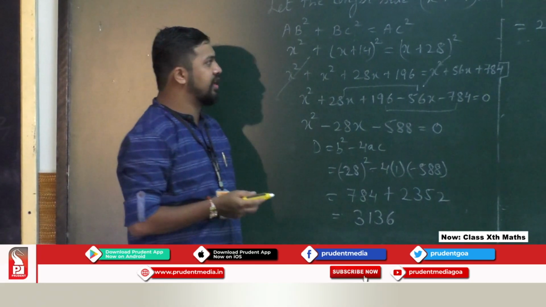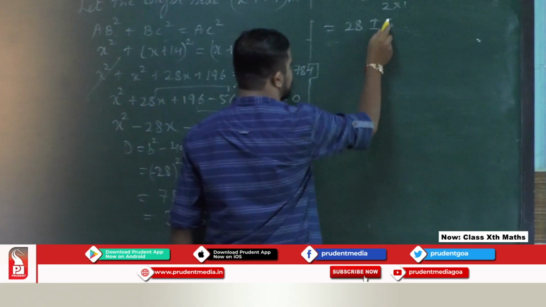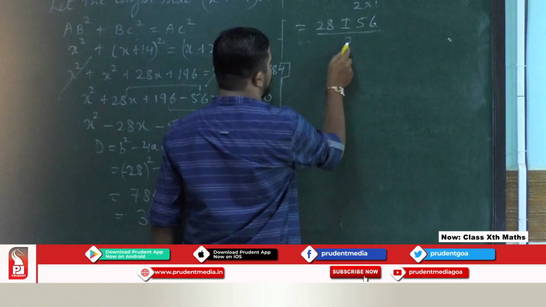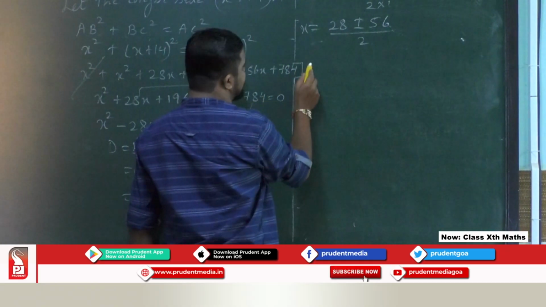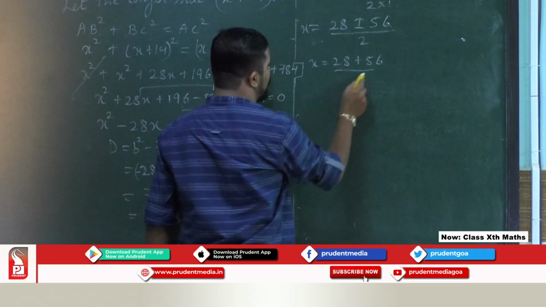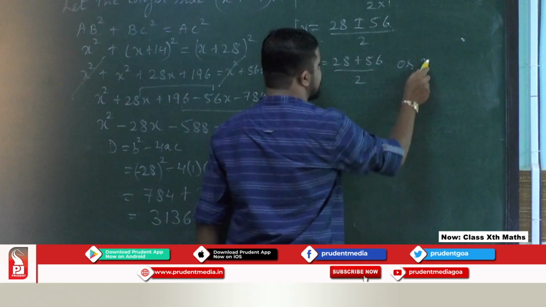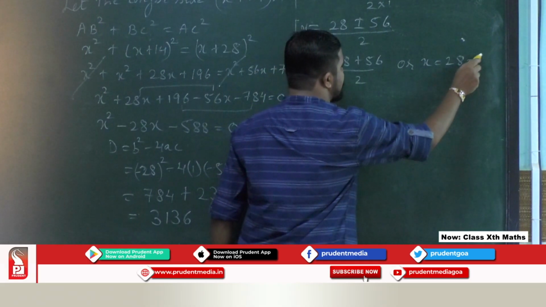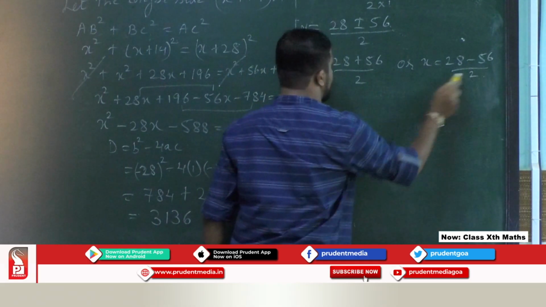If you find the square root of 3136, you will get 56. So x is 28 plus 56 by 2, or 28 minus 56 by 2.